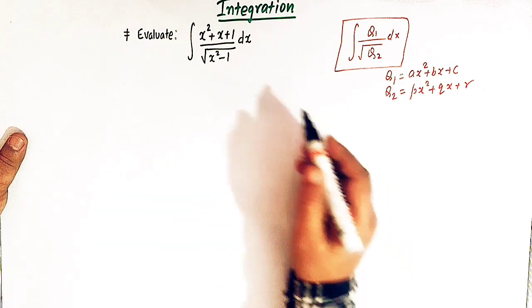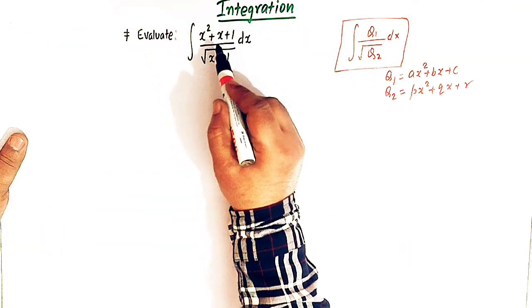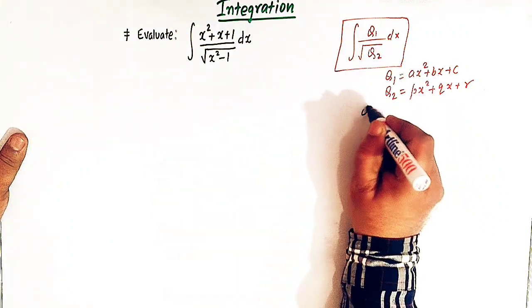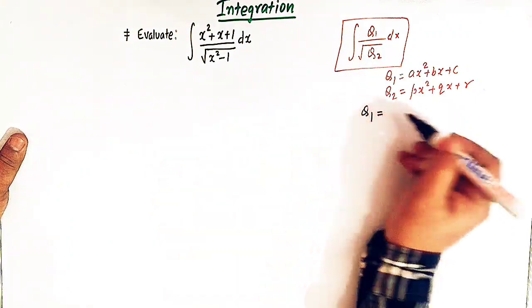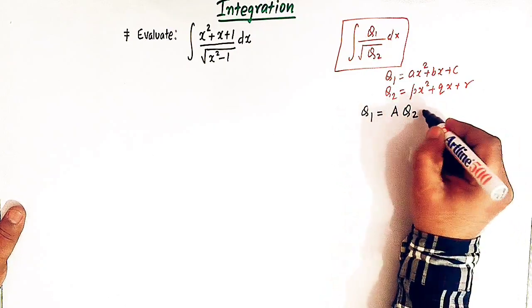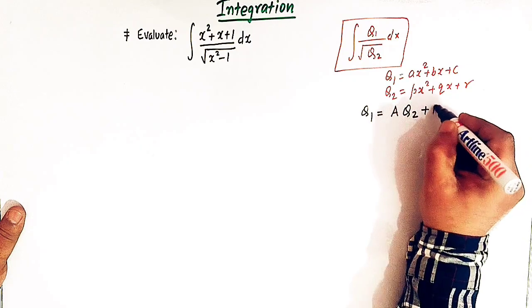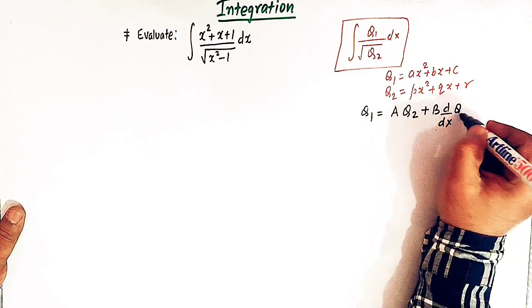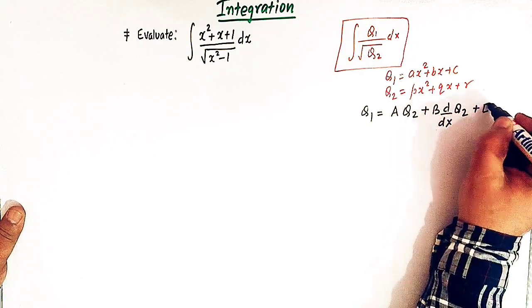So the method to integrate these type of functions is that we express this q1 as a times q2, and then we have here b times the derivative of q2 and plus e, right?